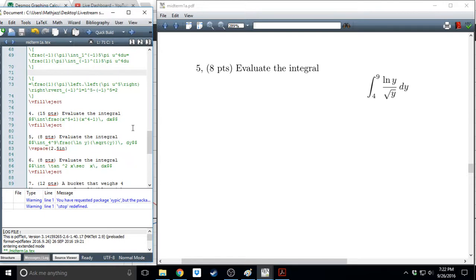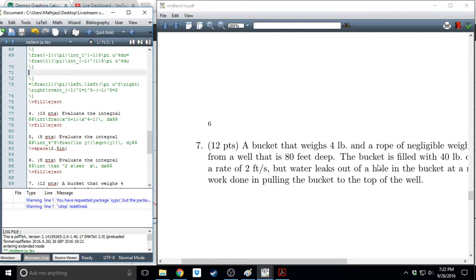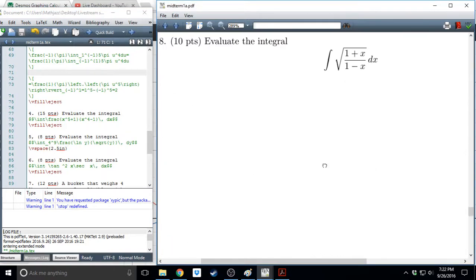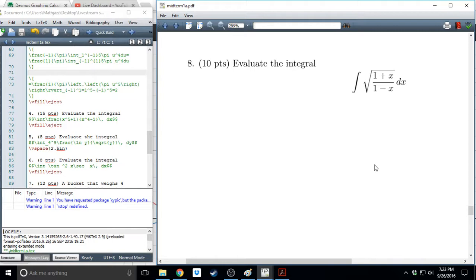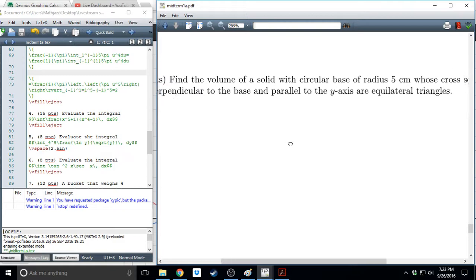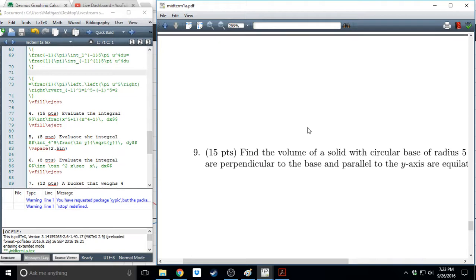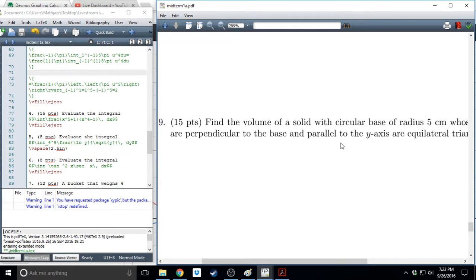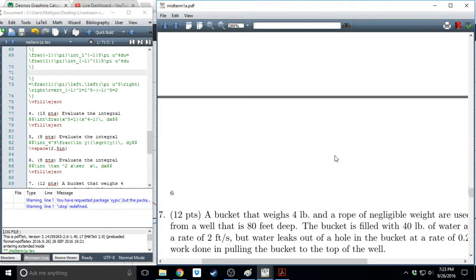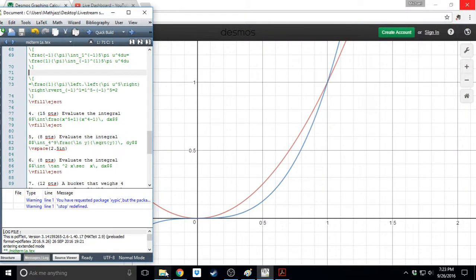Okay. Actually, I think that we should do a water pumping problem. This is a bucket. That's finding the volume of a rotation. I really want to do where you have a pool or a vat or something and you're pumping all the liquid out. Let's look for one of those.